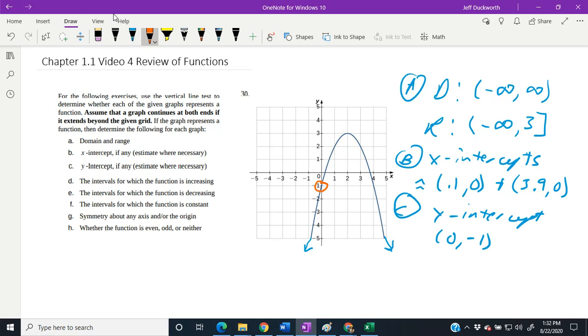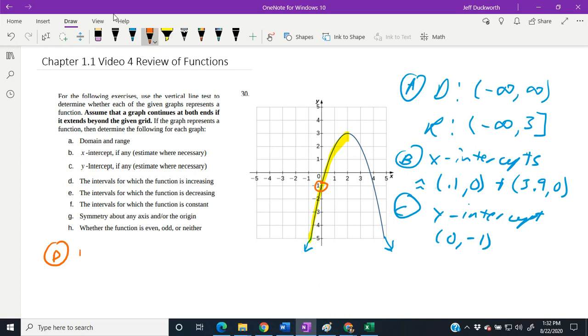D, the interval on which the function is increasing. So we look at increasing going left to right. The graph is going up, increasing along this part of it.